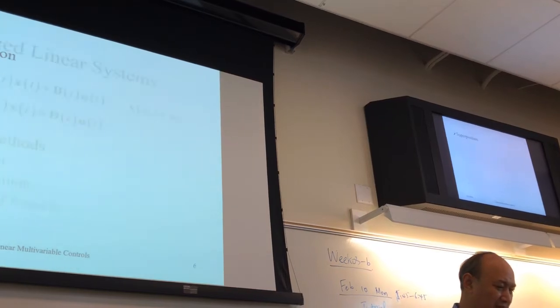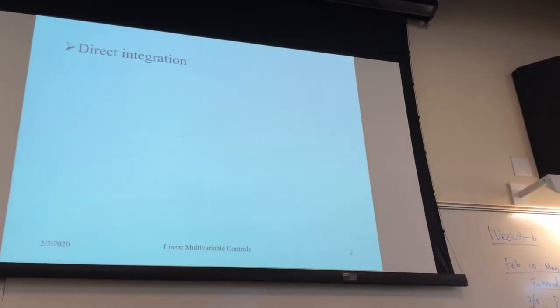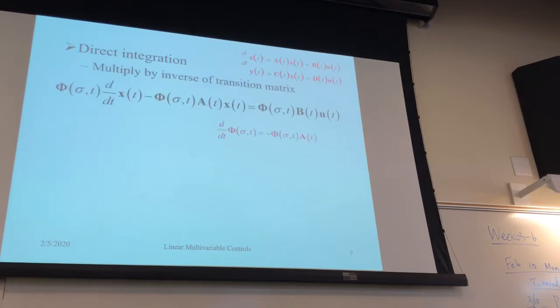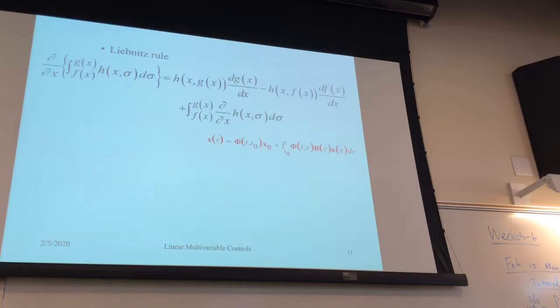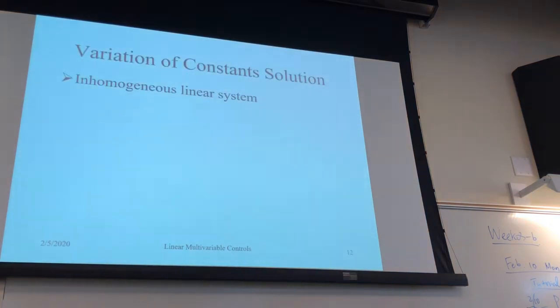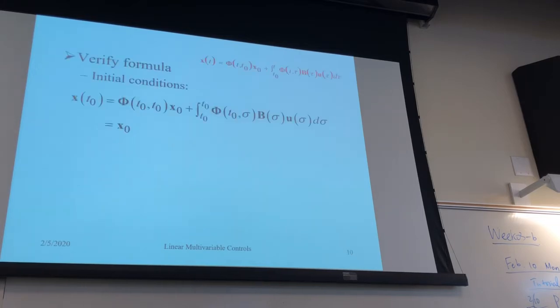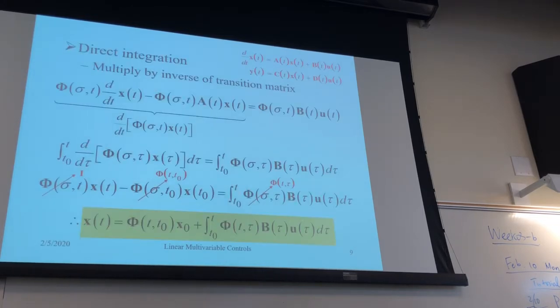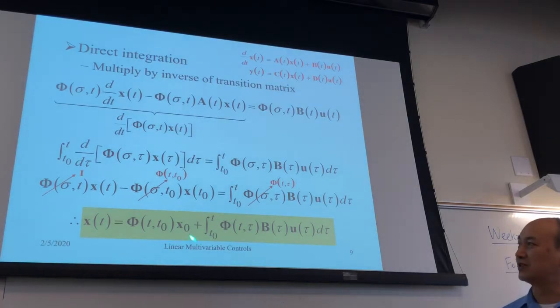The answer is here. This is the answer. So there are 2 sources of inputs: one is the input signal, one is the initial condition.